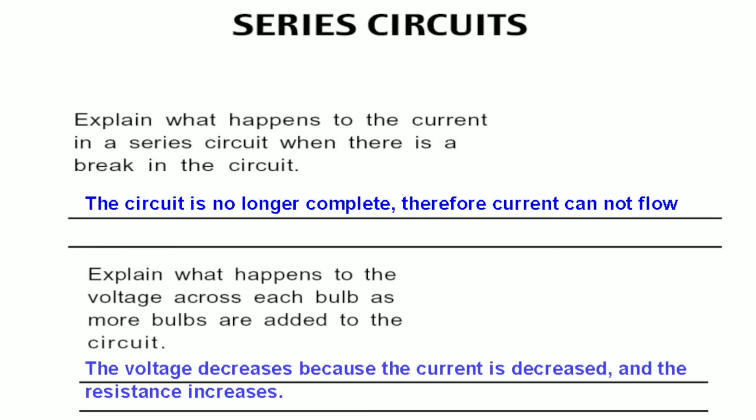Correct. The voltage decreases because the current is decreased and the resistance increases. To know more about this, you can click the link down in our description box, or you can click the card that you can see in the upper right corner of your screen.